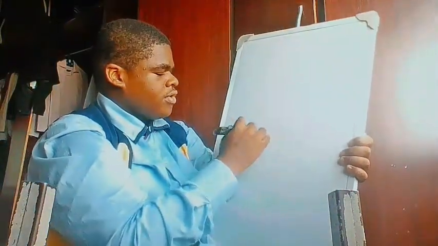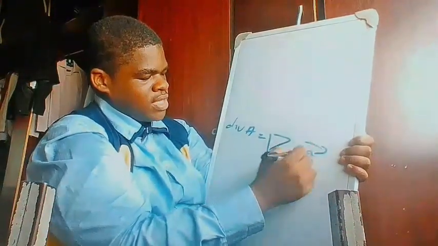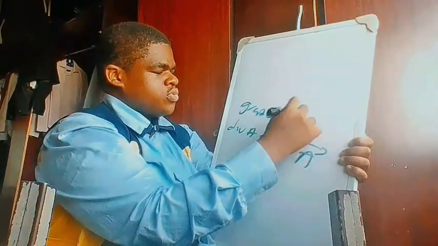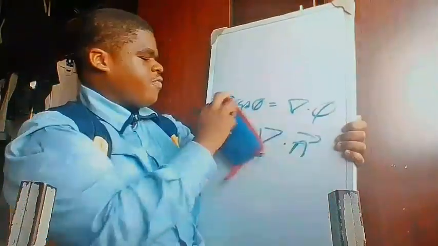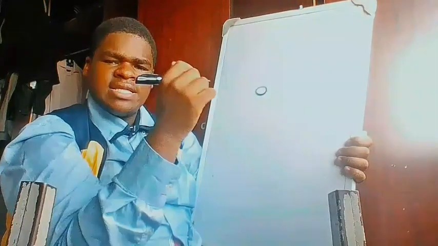The divergence of A, div of A, is basically just nabla dot A. It's giving you a scalar. Grad phi is equal to nabla phi. For the curl of a vector A, you have this vector here, and in this case we're going to use a magnet.